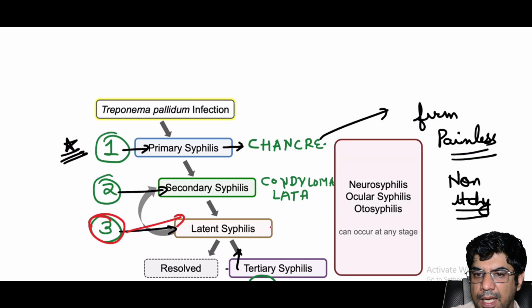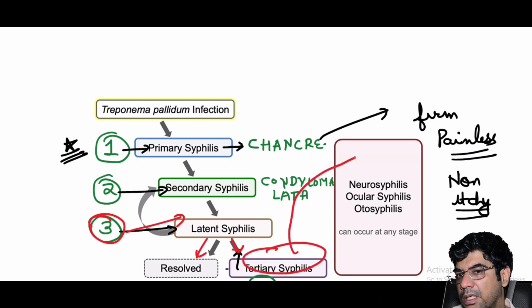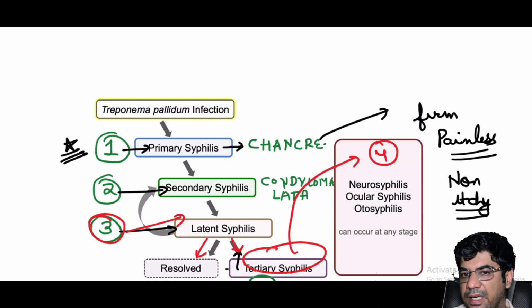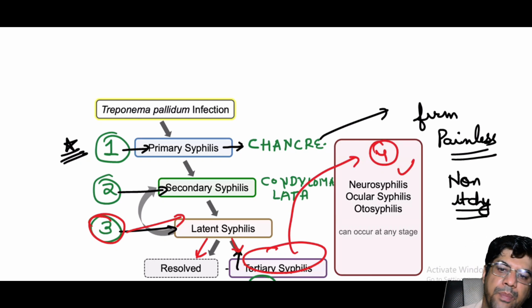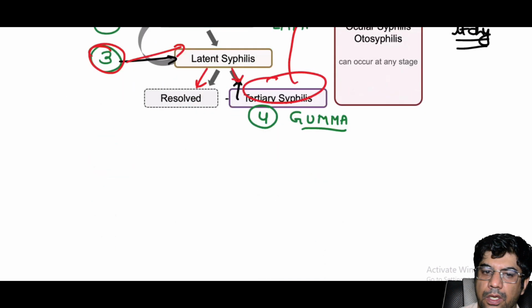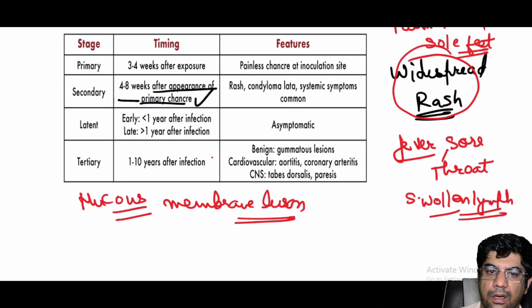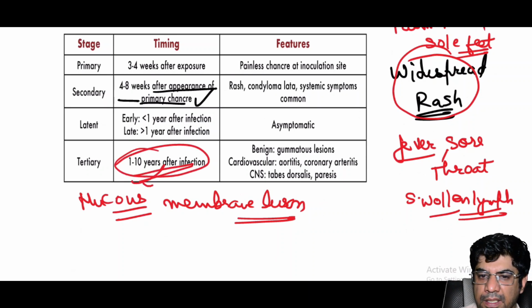So what do you think? What happens if the syphilis is not treated during this stage? If it is not treated, it can progress to tertiary syphilis. The tertiary syphilis appears after a latent period of about 2 to 3 years, or 1 to 10 or 2 to 10 years after the infection.